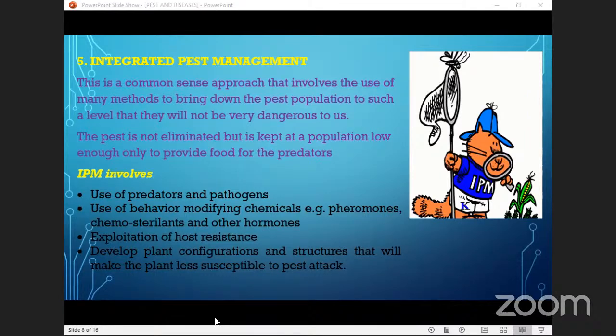This is the use of a common sense approach that involves many methods to bring down the pest population to such a level that they will not be very dangerous to us. The pest is not eliminated, but is kept at a lower population, enough only to provide food for predators. This method is not an elimination method, it's a reduction method. It reduces the numbers of the pest.